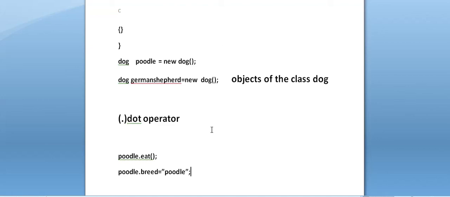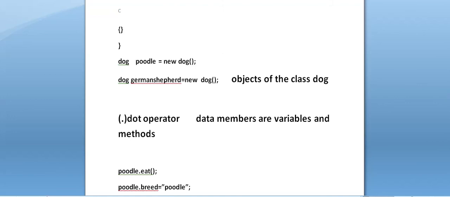And what are the data members of the object? Data members are variables and methods of a class.